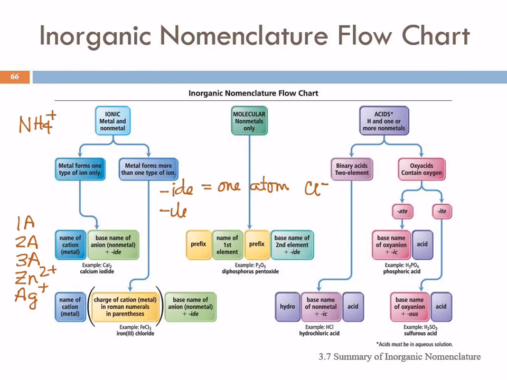The ite and ate endings are the polyatomic ions. So nitrate, sulfite, SO4, SO3 2 minus, NO3 minus. It's a combination of nitrogen and oxygen or sulfur and oxygen.